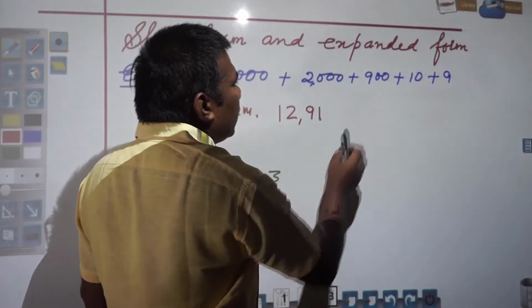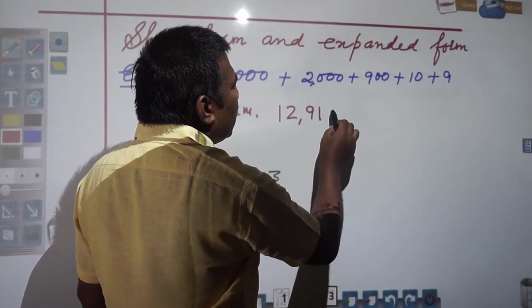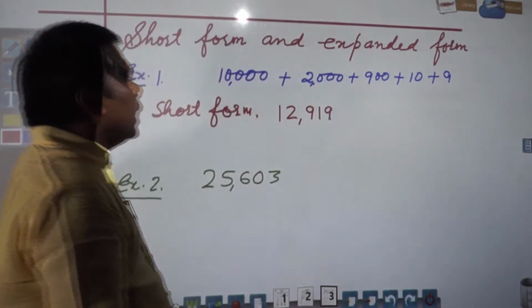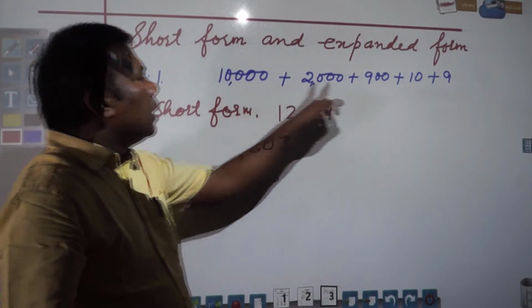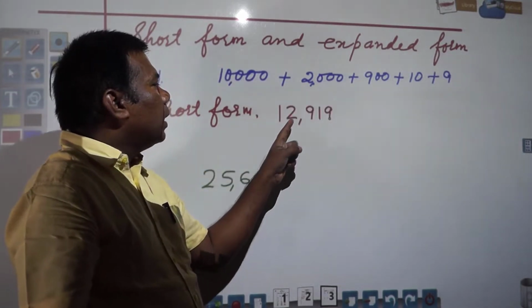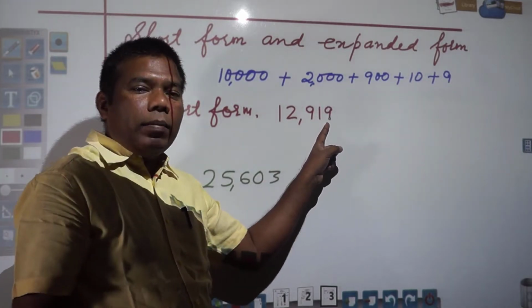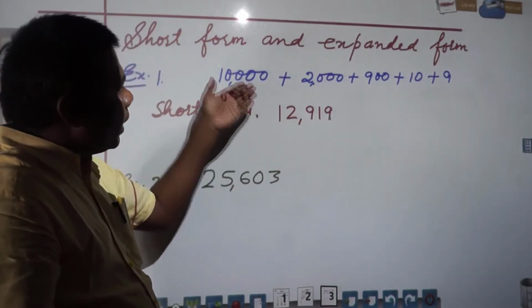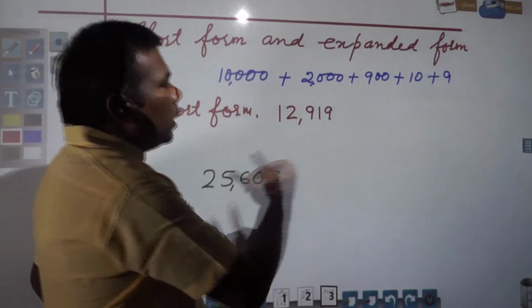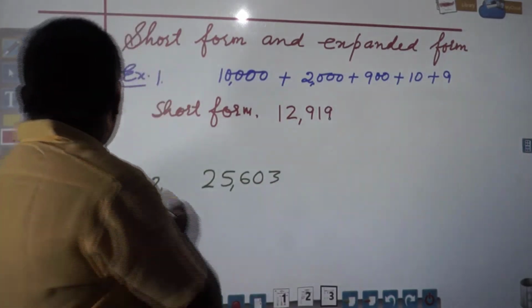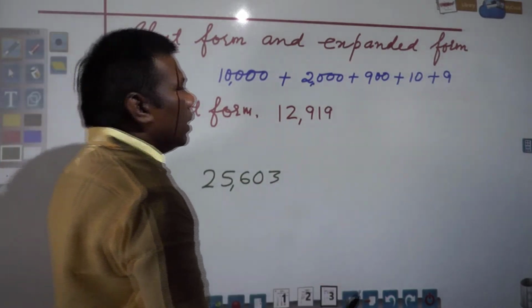And in the ones place? 9. So in short form, this number can be written as 12,919. You can start this way, or if you want to write it in another way, it can also be written as you feel convenient.